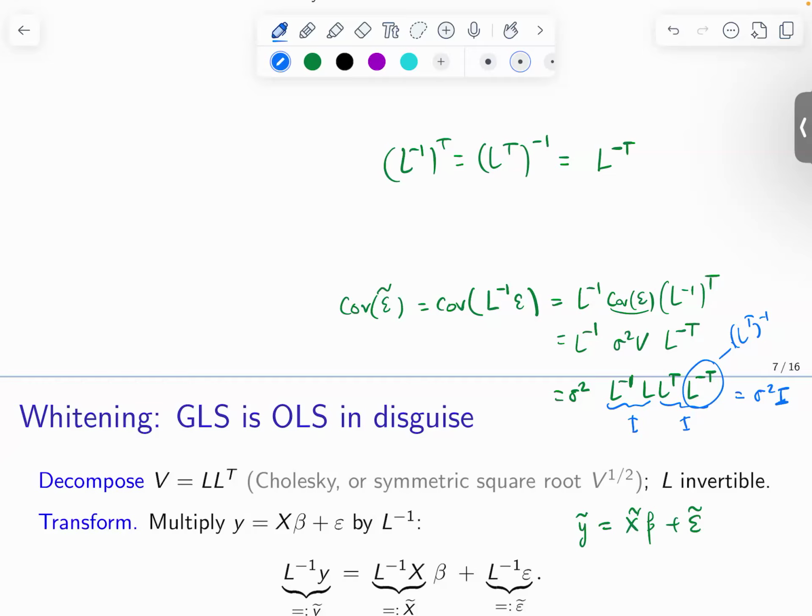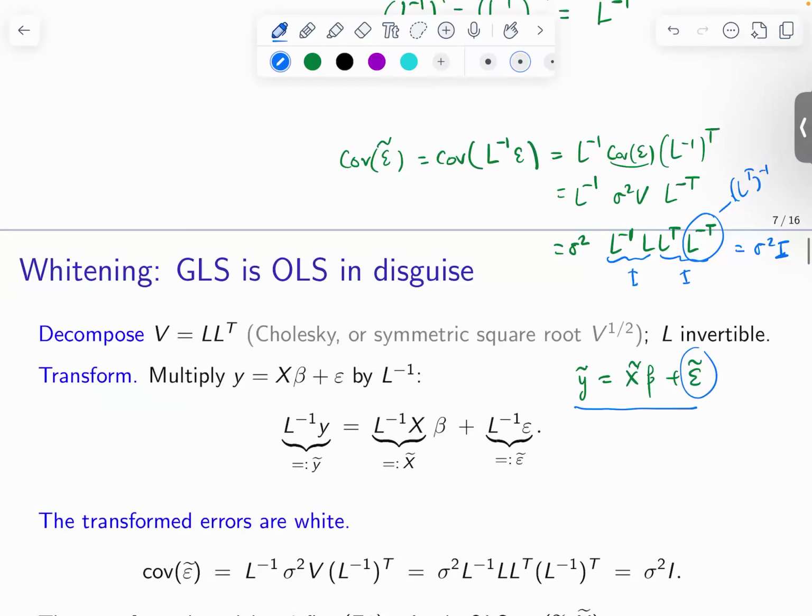So is this good? It is great, actually. Why? Because now I have a linear model with a noise vector that satisfies the assumptions that we started with, and we know that gives optimal OLS. So in this model, the OLS would be optimal. It satisfies Gauss-Markov, so it has the smallest variance.